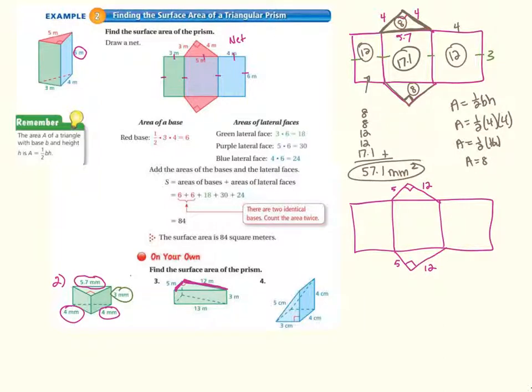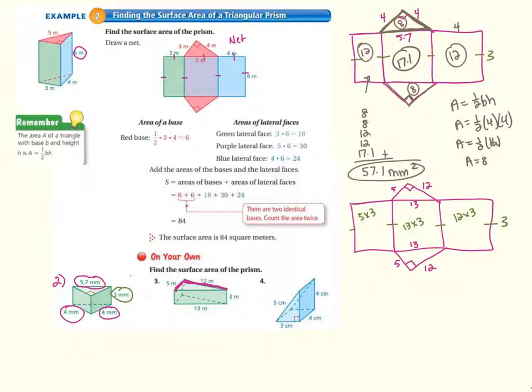And the diagonal is 13. The height of the prism, which is all these lengths across, is 3 again. So we're going to do 5 times 3 in this rectangle, 12 times 3 in this rectangle, 13 times 3 in this rectangle.